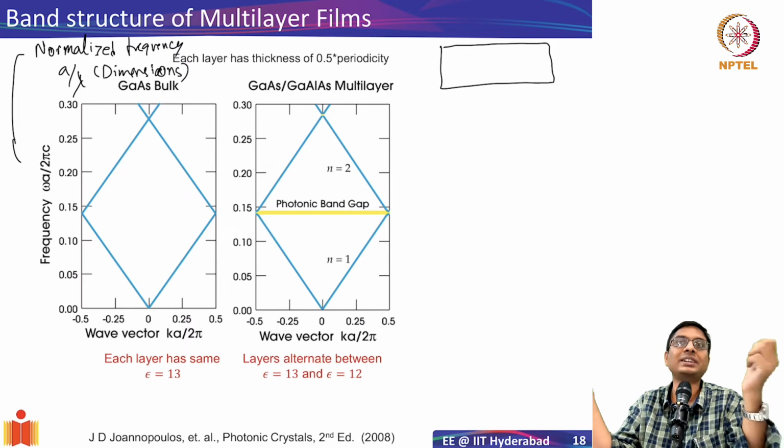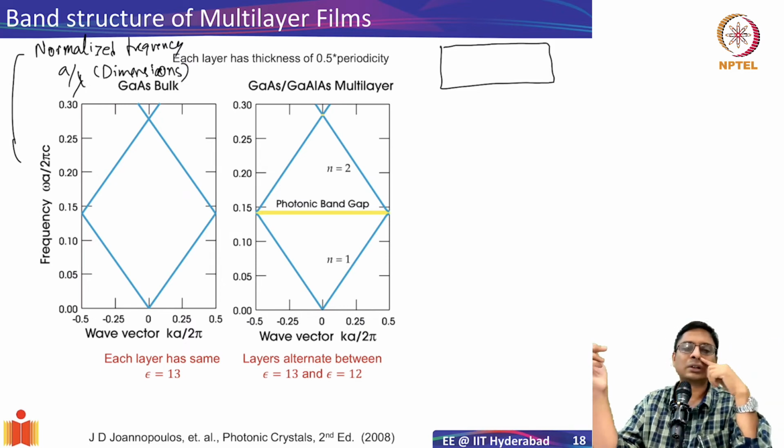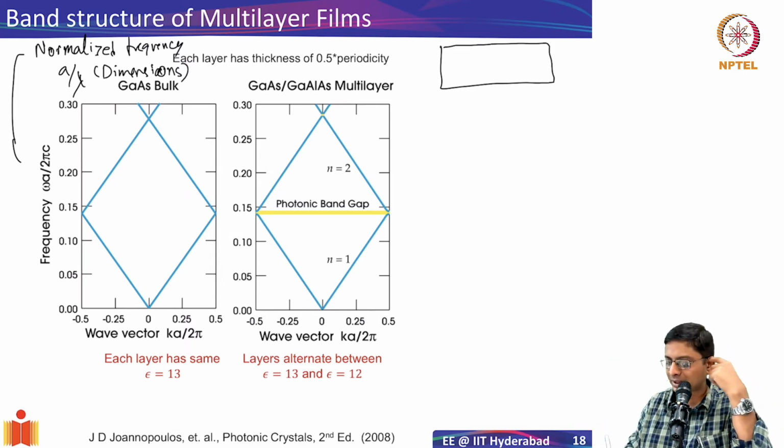Okay. Of course, you have to take the right dielectric constant into account. Similarly, the bottom axis is basically a normalized wave vector. Dimensionless again. Okay. So what does it mean? In this case, if I say that it is K into A by 2 pi, what does it mean?